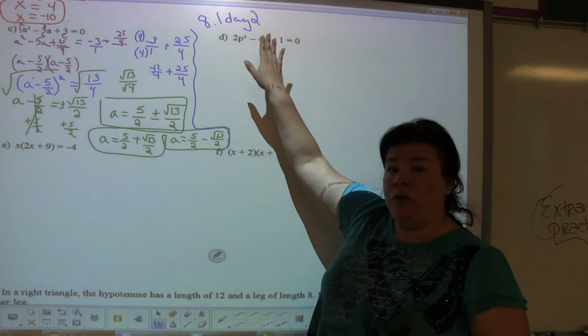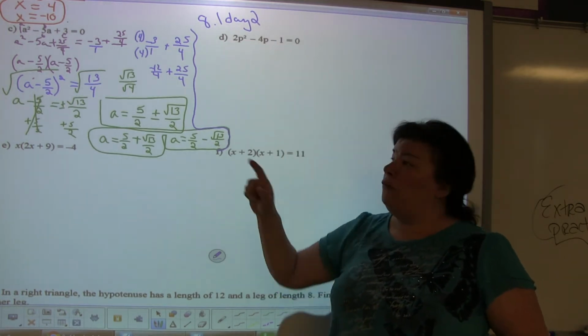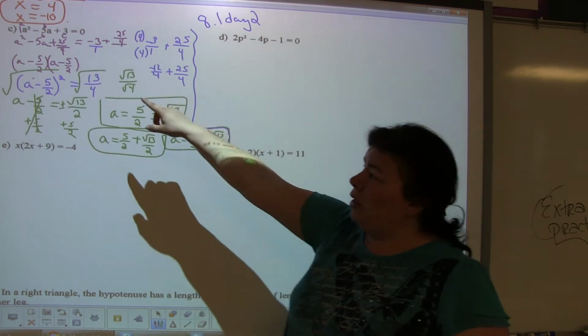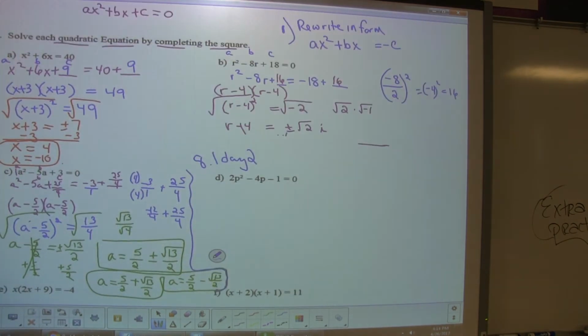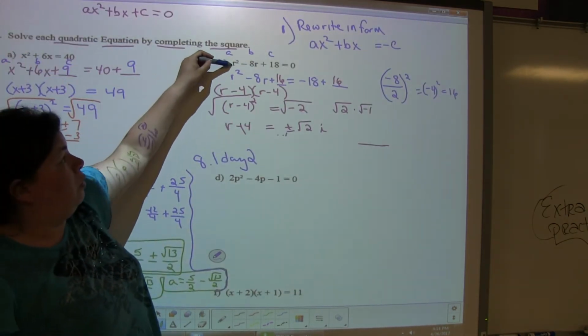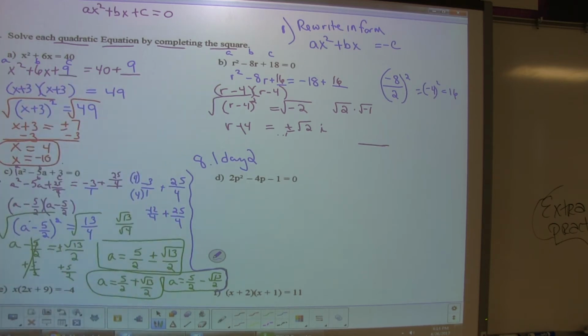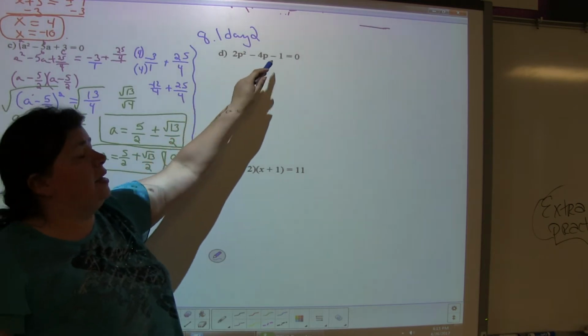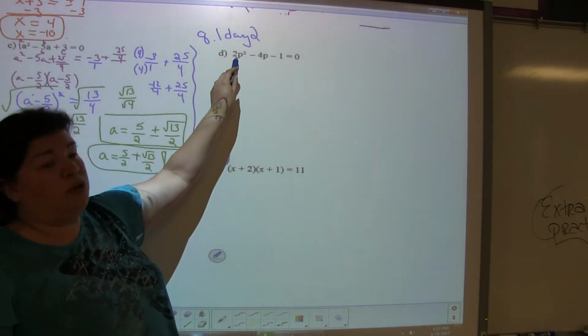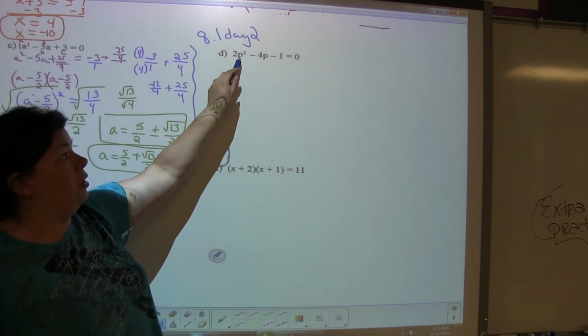However, if you look, problem D is a little different than the first three because the leading coefficients of problems A, B, and C up here, all of the leading coefficients that had the square term, were 1. So our A value was 1 every single time. In this example, our leading coefficient with the square term is 2.